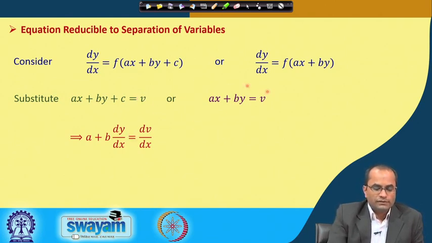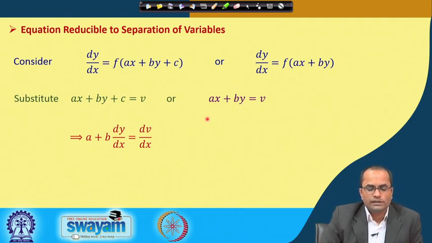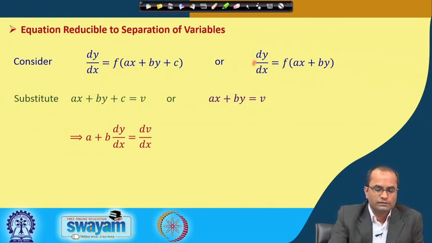And the same expression we will get when we differentiate ax plus by is equal to v. So it does not matter whether we are substituting when such a differential equation is given, or substituting v when this equation is given. In either case we will get the relation that the derivative of the new variable v with respect to x will be a plus b dy over dx.